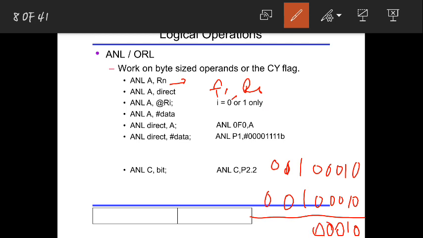Then 0 0 gives 0, 1 and 1 gives 1, and 0 with anything is always 0 in the AND operation. So this is the result you get, 0 0 1 0 0 0 1 0, in this way.